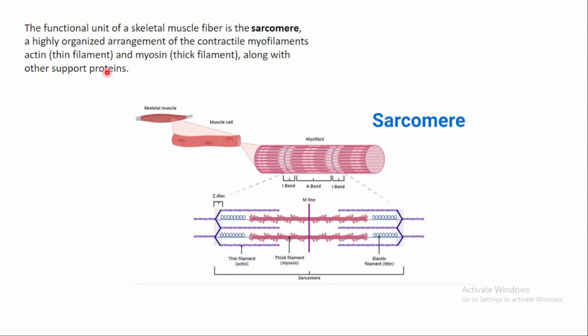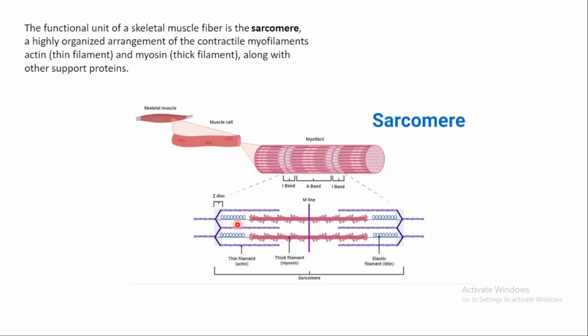This is again showing how a sarcomere looks. We just saw it in the previous slide. These are actin lines, these purple or violet ones, actin protein, thin filaments, and myosin, these pink reddish lines, myosin thick filaments. So alternating actin and myosin filaments constitute a sarcomere.